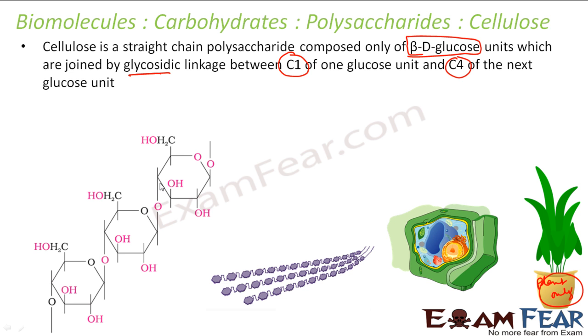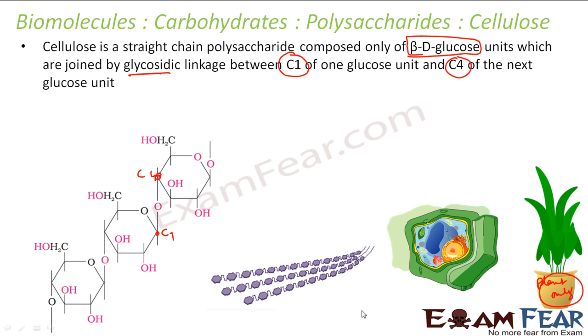This is C1, 2, 3, 4, C4, and this is C1. So this is a link between C4 and C1, and there is a long chain. In the long chain, these are all beta D glucose, all linked. This is the structure.